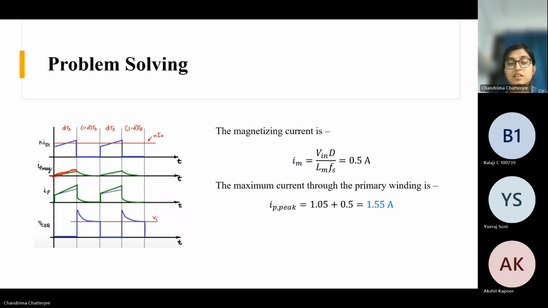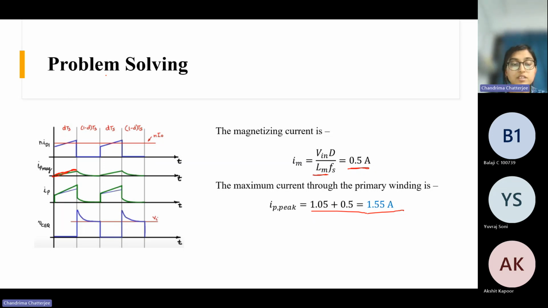The voltage across the primary winding is the input voltage, and the time period is dTs, or d by fs, which are basically the same. The magnetizing inductance Lm is given as 0.5 millihenry. From here you get the magnetizing current of 0.5 ampere. If you add these two values, you get the peak value through the primary winding, 1.55 ampere.